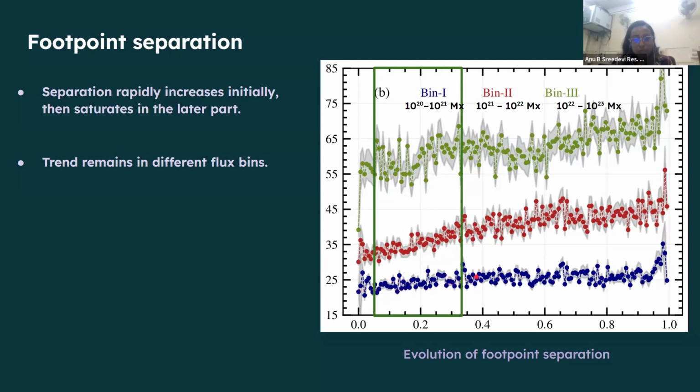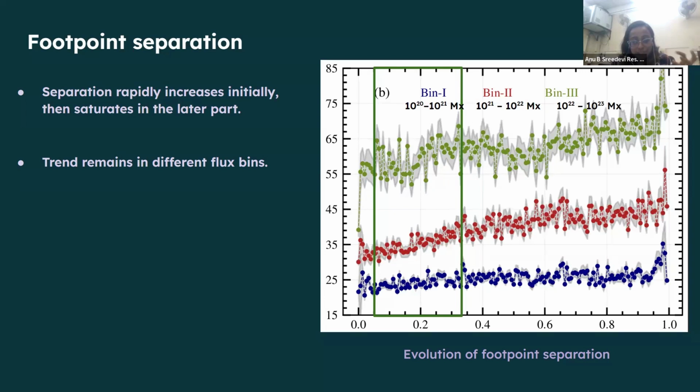The blue one is very small regions, mostly ephemeral regions, so the trend is not that prevalent there. But even in the higher flux bin, though it is affected by a smaller number of BMRs, we do see a kind of increase here.